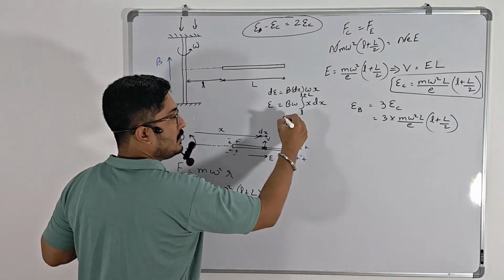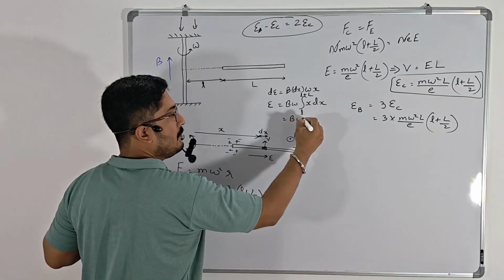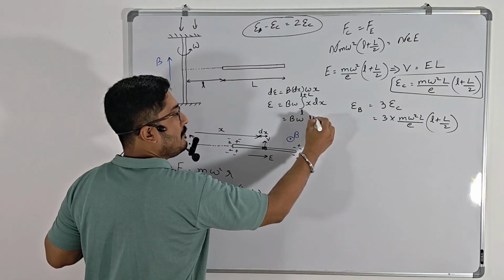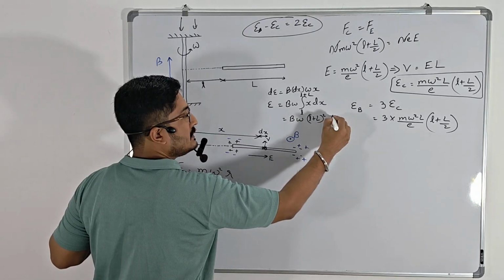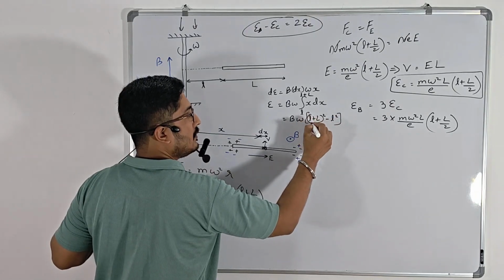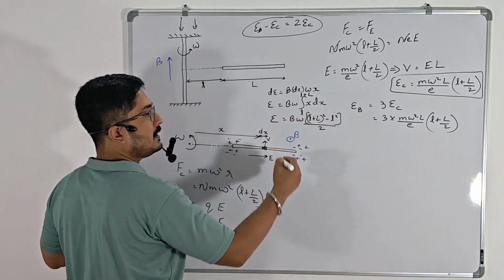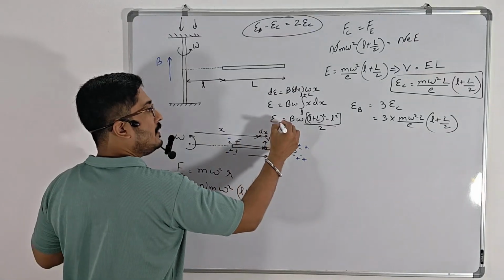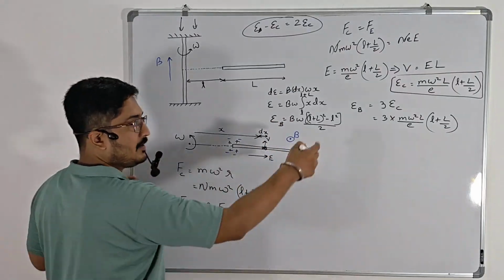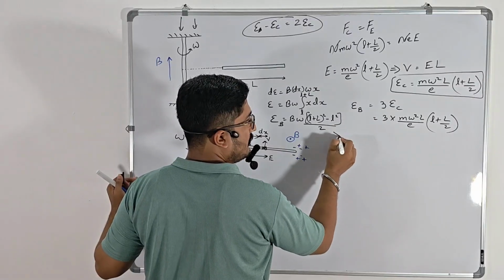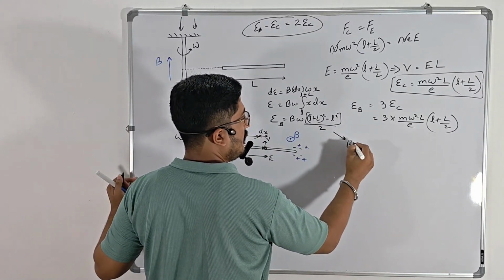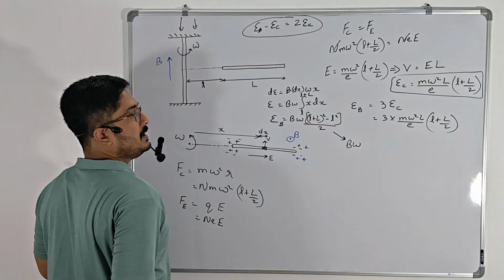That's it. You can substitute the value and you'll finally get B omega times (L plus l) whole square minus L square, divided by 2. This becomes your EMF because of the magnetic field. What about the numerator subtraction?